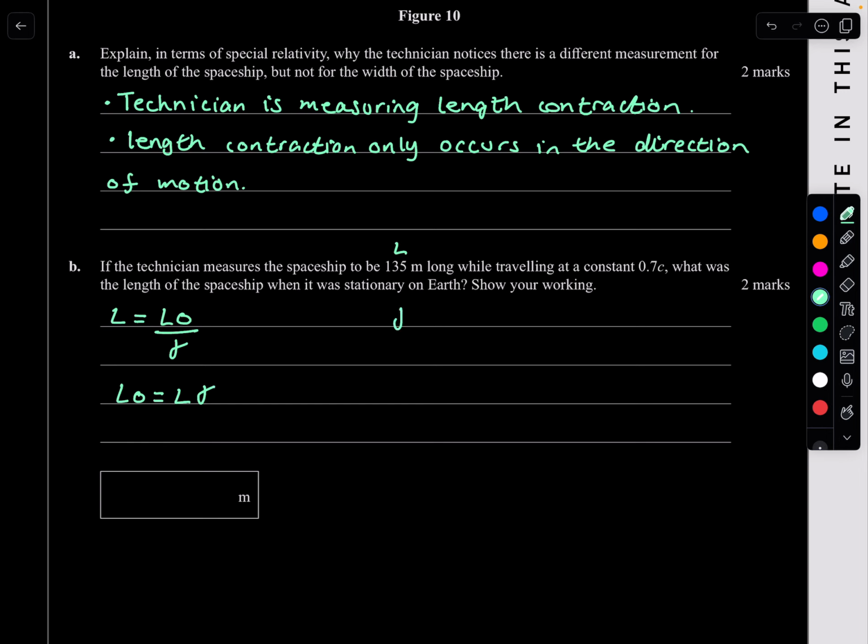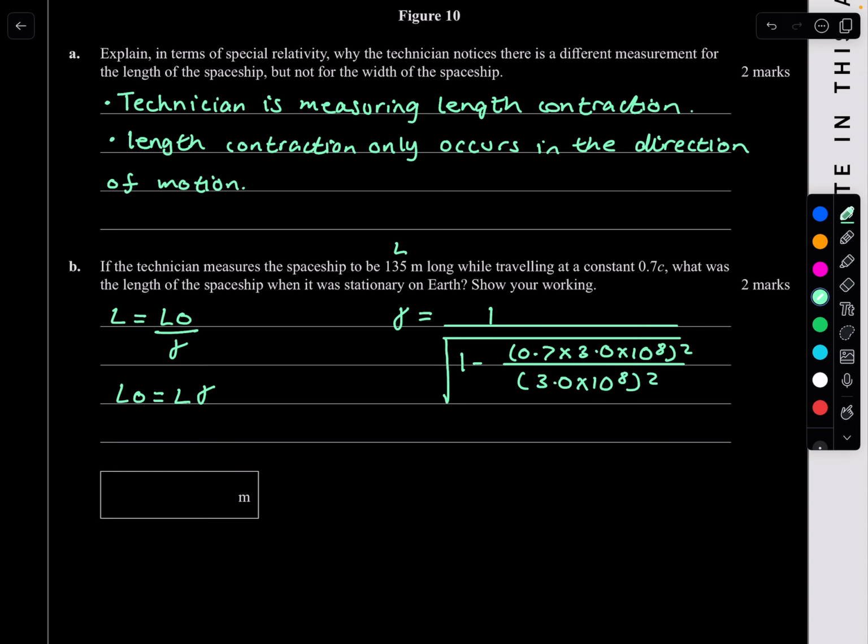Your Lorentz factor can be calculated from this formula: 1 over the square root of 1 minus the speed that it's traveling, so 0.7 times C, which is the speed of light, squared, over the speed of light squared itself.